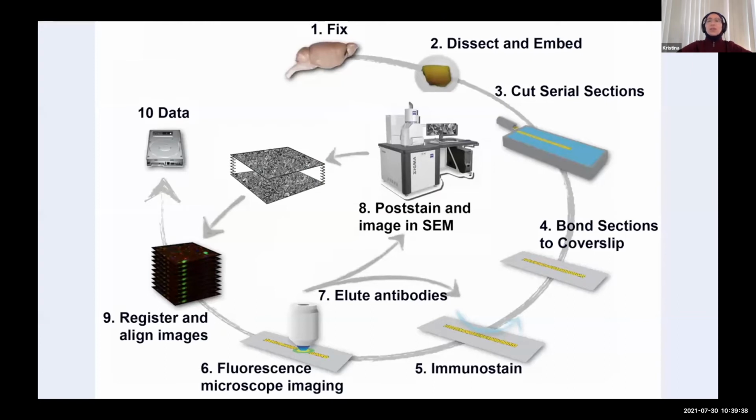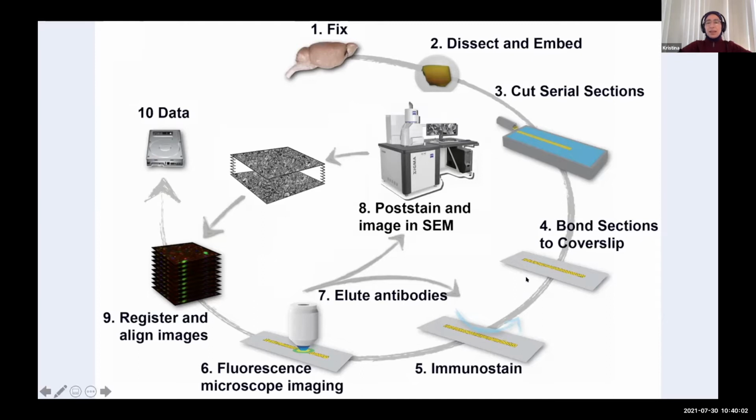I guess Bruno went over this, but I will quickly remind you about our technique. With array tomography, you fix your sample, dissect and embed in resin, and then cut serial sections, ultrathin sections, or sometimes semi-thin sections.